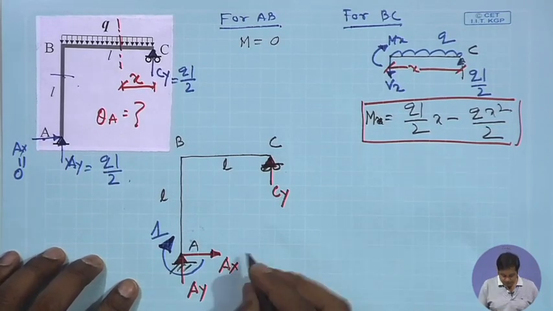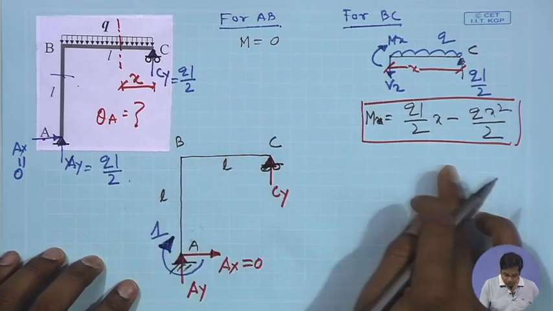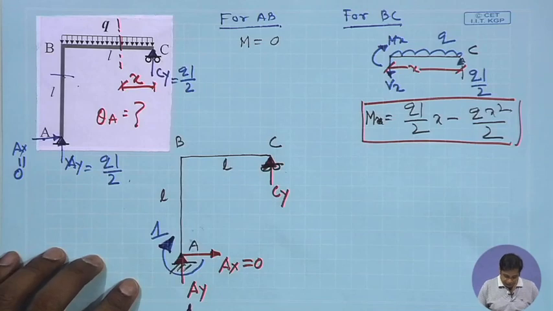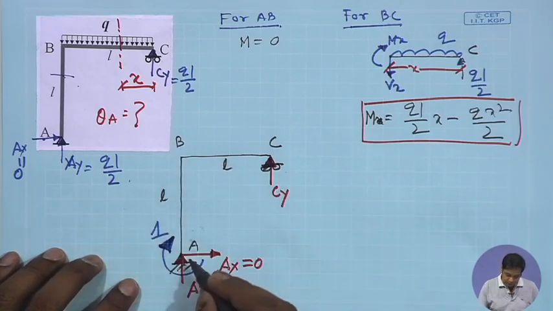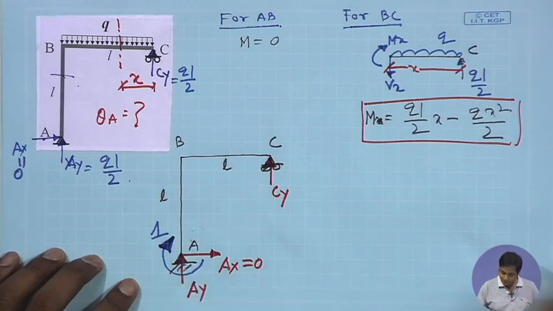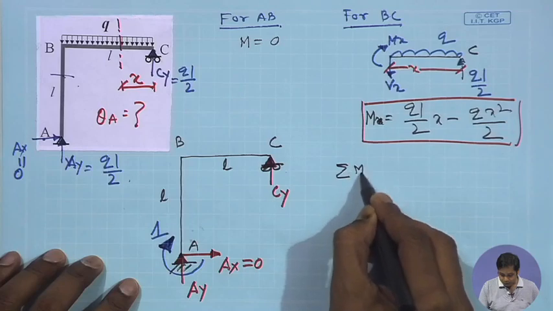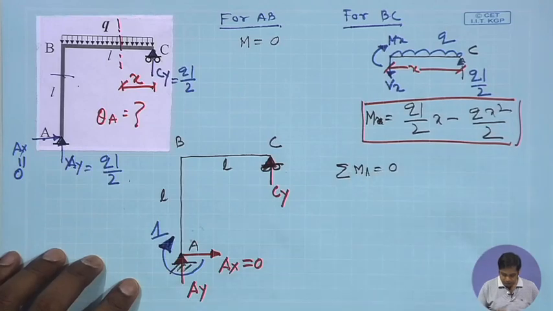AX is anyway 0 because there is no horizontal load, and then if you take moment about A, that is equal to 0.